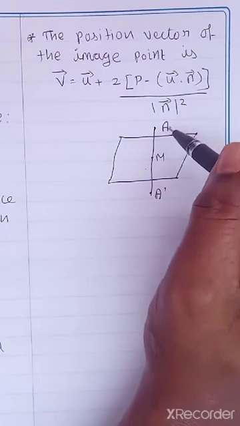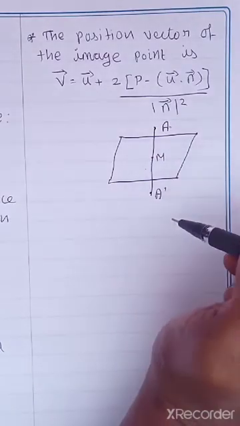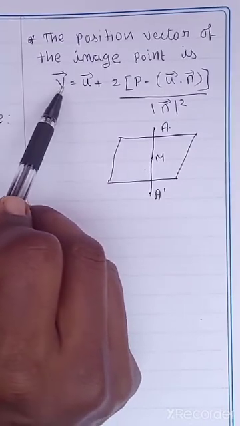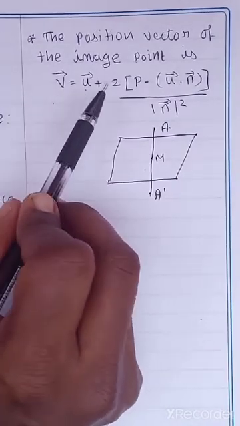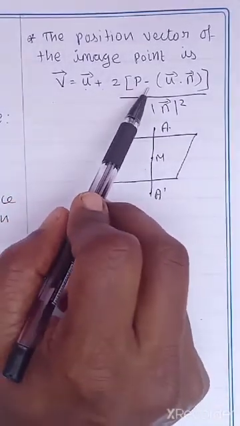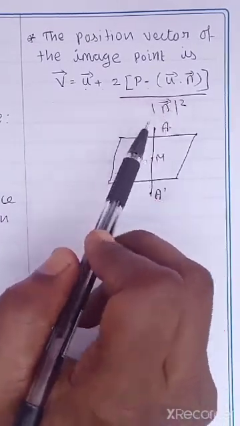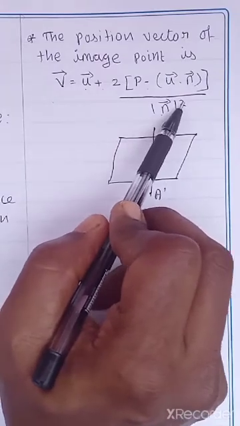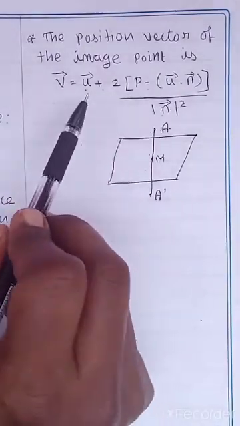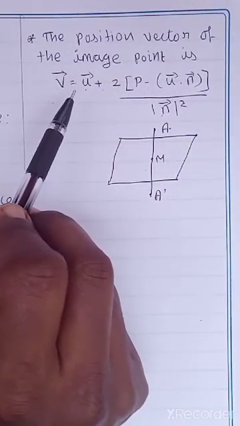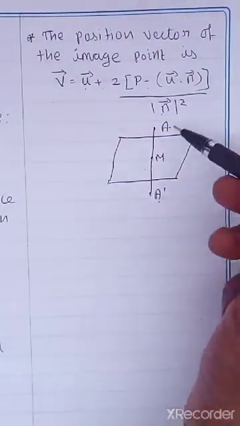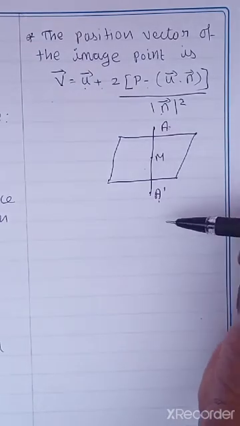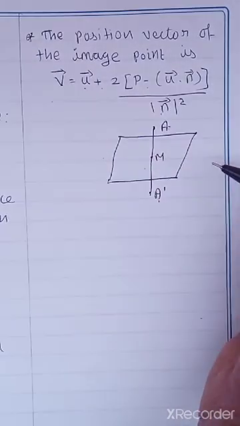To find the image point in a plane, we are going to use the formula v vector is equal to u vector plus 2 of p minus u dot n by mod n square. So what is this v? v will be the position vector of the mirror image A dash of A. And we always know A A dash is perpendicular to the plane, correct?